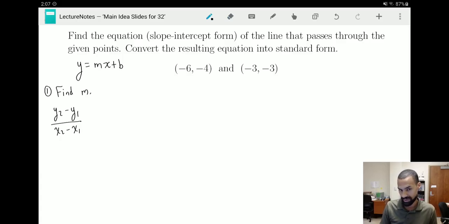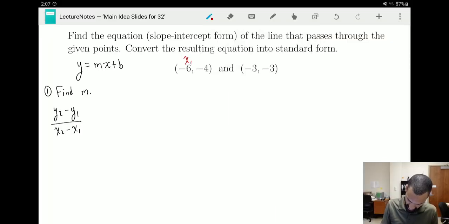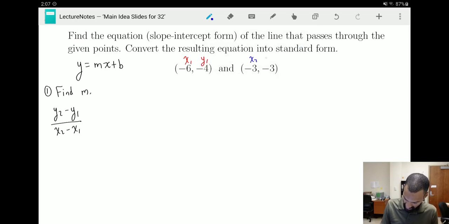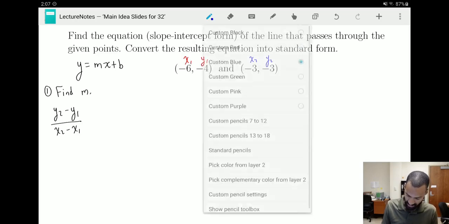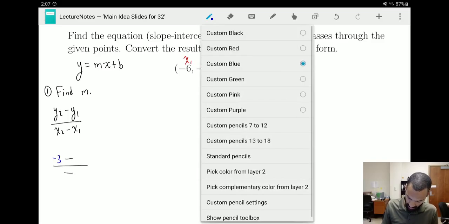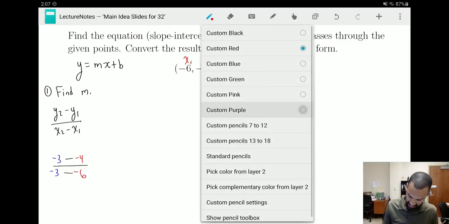Now let me label these. First x, first y, second x, second y. So y2 is negative 3, y1 is negative 4, x2 is negative 3, x1 is negative 6.